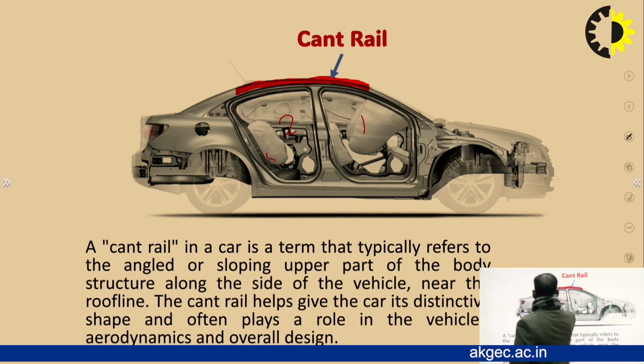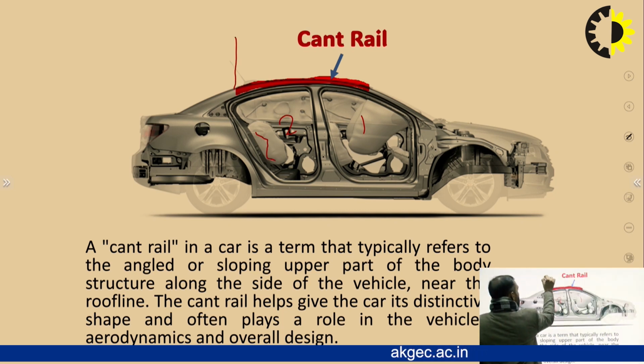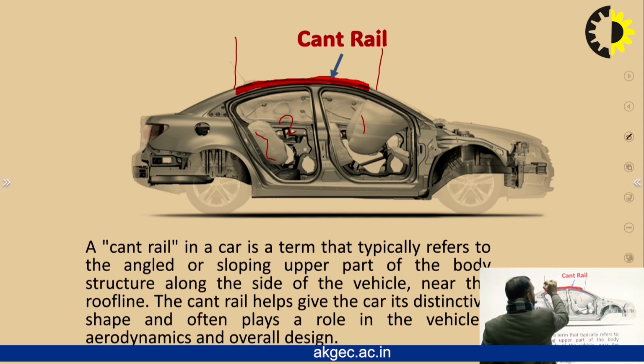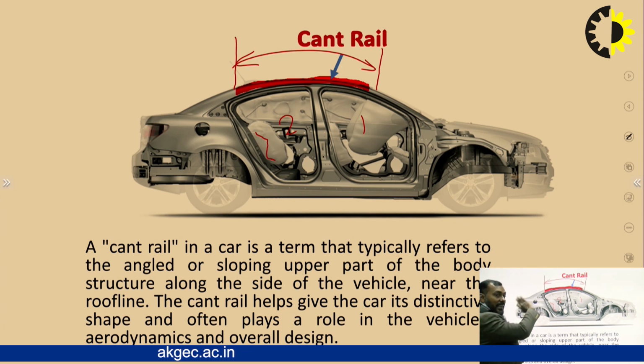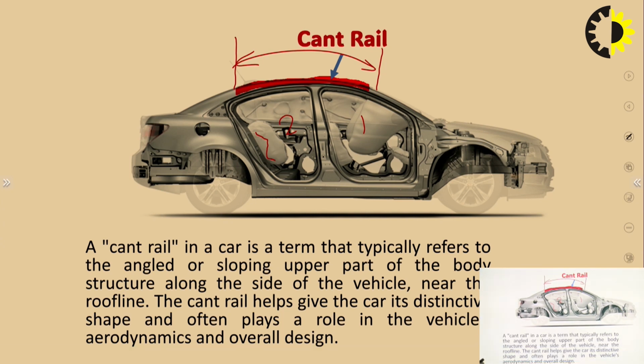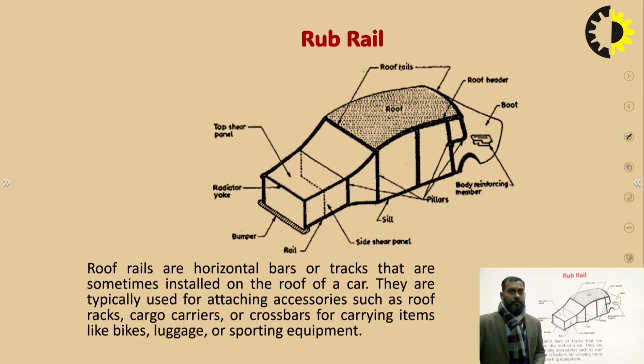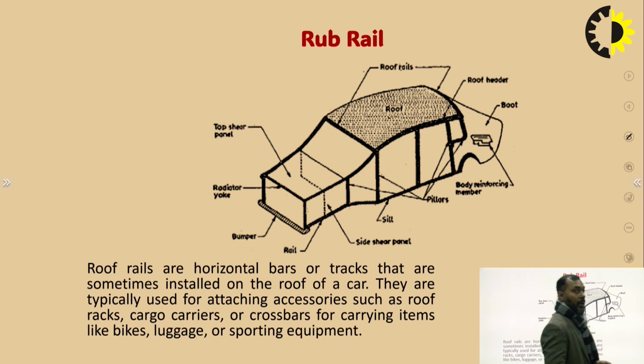So this zone, from this to this whole side structure, is known as the cant rail. The cant rail is the angled or sloping upper part of body structure along the side of the vehicle near the roofline.